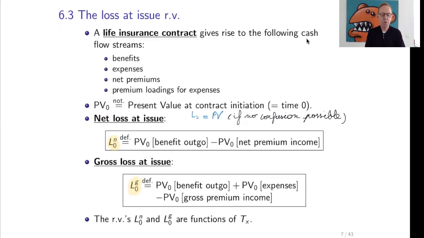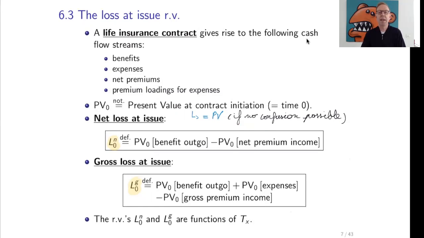We will denote the present value at contract initiation by PV0, that's the present value at time 0 at the policy issue, but we will often denote this by PV, so we will not show the timing to which we take the present value, time 0. We will do that if no confusion is possible.